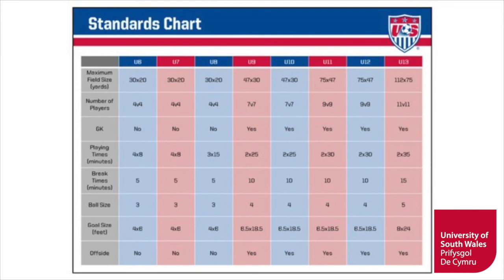For example, under 8 players playing a 4v4 on a 30 by 20 yard field with 3 15-minute blocks of playing time recommended with 5 minutes in between. So hopefully a set of guidelines for you when designing small-sided games, specifically the area size that you lay out.